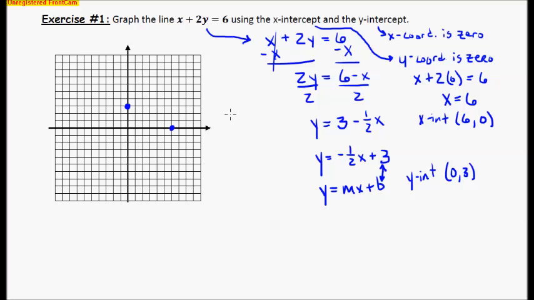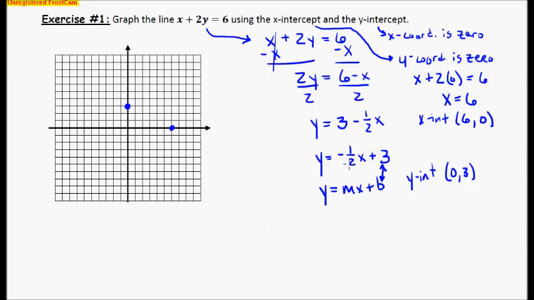Now really, all you need are those 2 points. If you have those 2 points correct, then you should be able to take your ruler and connect those points, and it should be the correct line. Now I don't always trust that I do things right the first time. So I'm going to use my slope to make sure that I'm right.